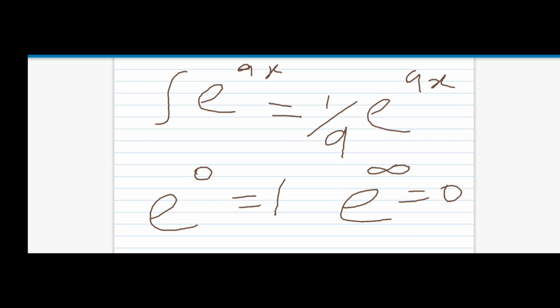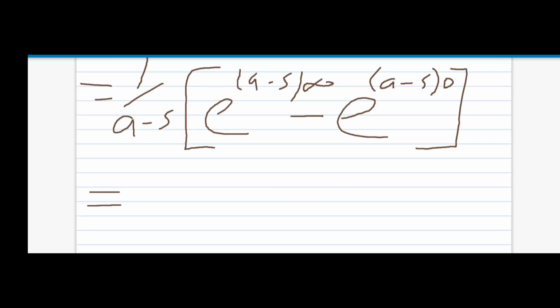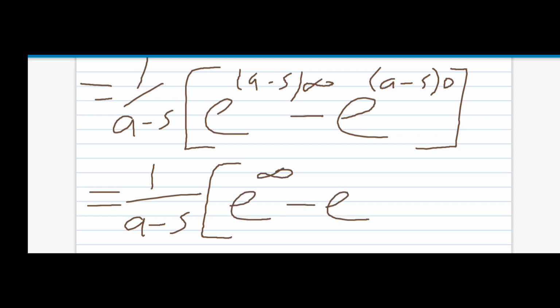You have to take note of these two things, very essential. If you look at this place, infinity here, when you multiply by a minus s, everything will give you infinity, because infinity is endless. Whatever you multiply by infinity still gives you infinity. So we end up with 1 over a minus s, open your brackets, e raised to power infinity minus e raised to power 0. I believe you get that.